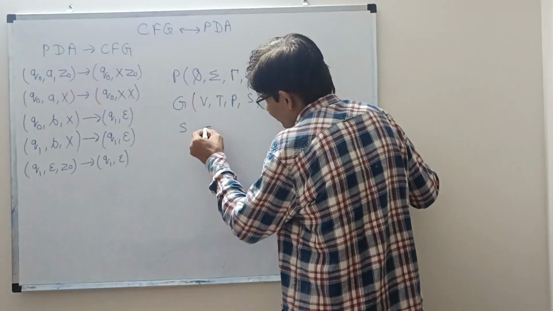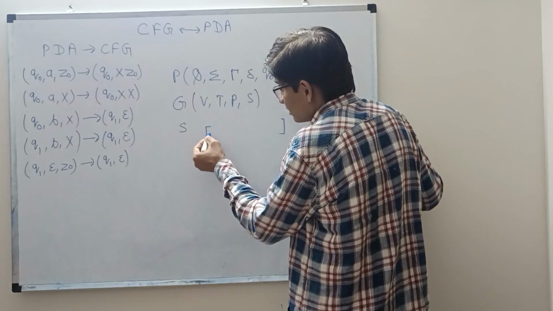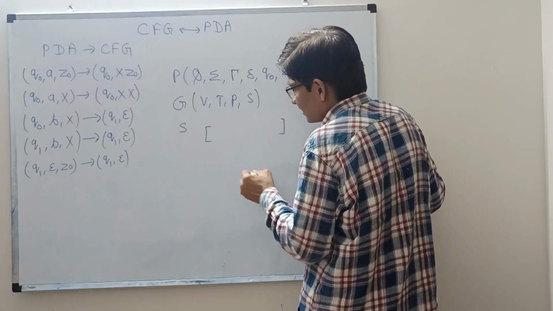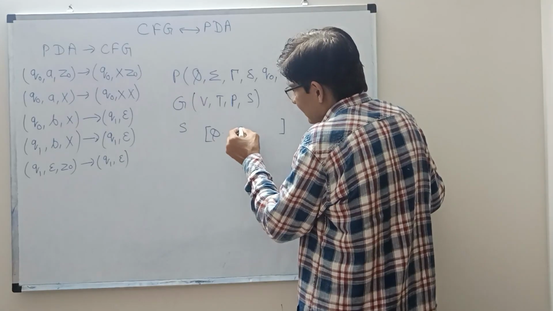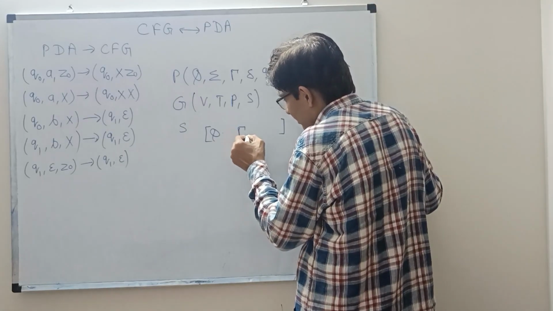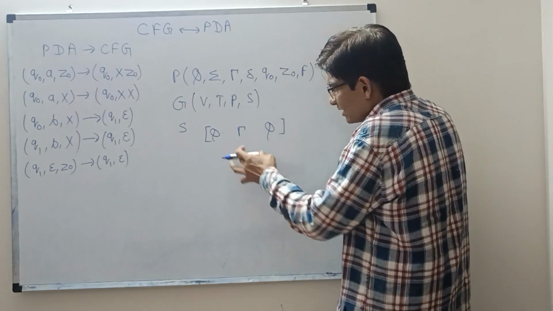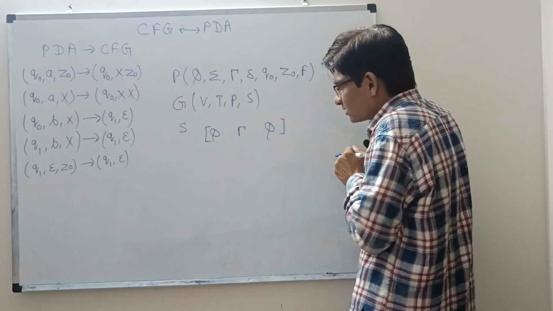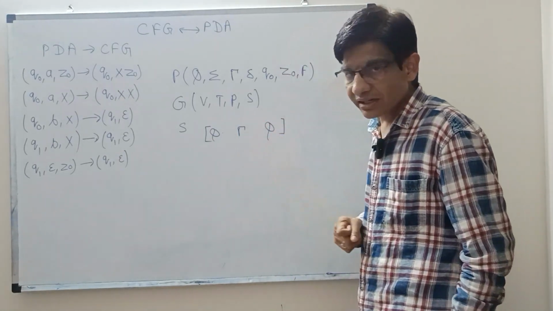That format would be like this: the name of the variable is represented as any state from the set Q, any symbol from gamma, and any state from Q again. In the form of this triplet, the variable name would be represented.